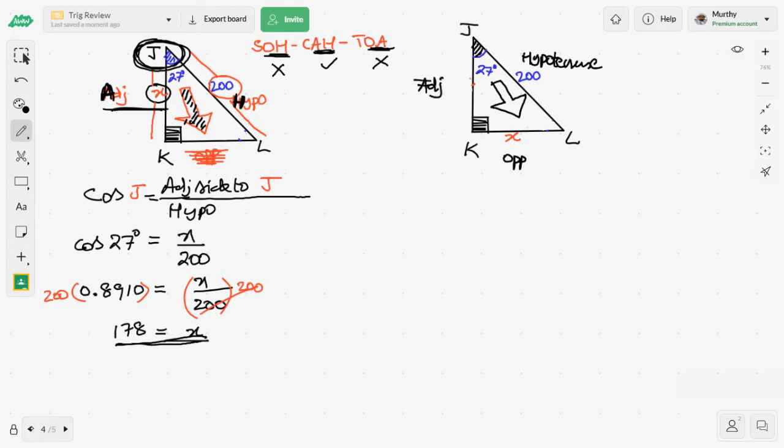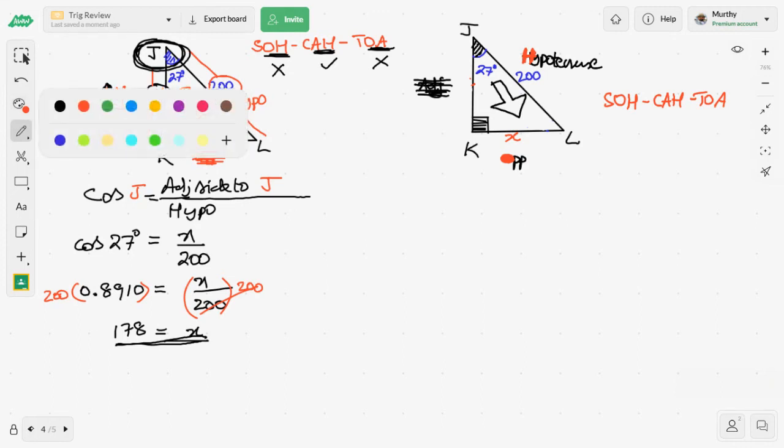There's nothing to do with adjacent in this question, so I'm striking it. Then here the first letter is O, and this is H. Okay, so think of SOHCAHTOA. Please do write it every time so that you will never make a mistake.